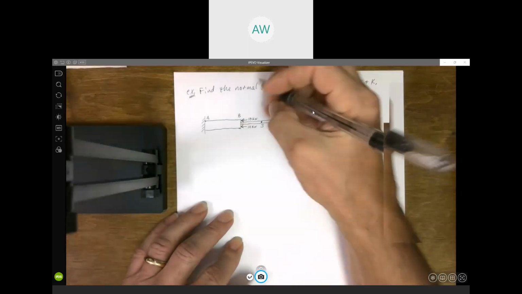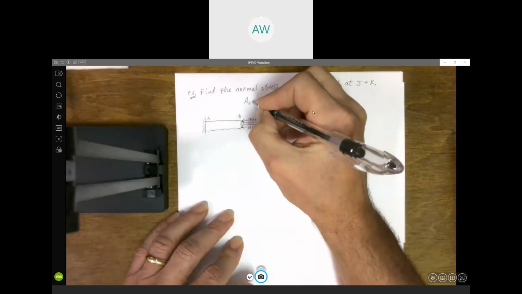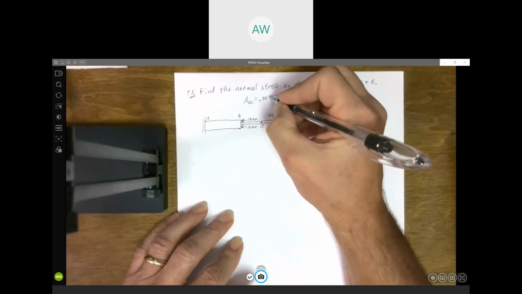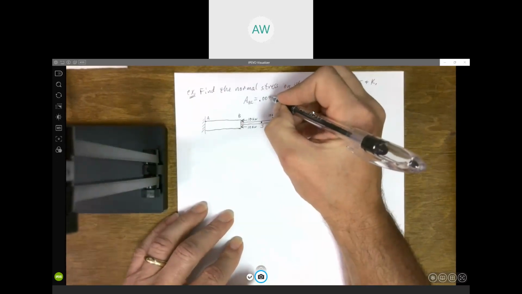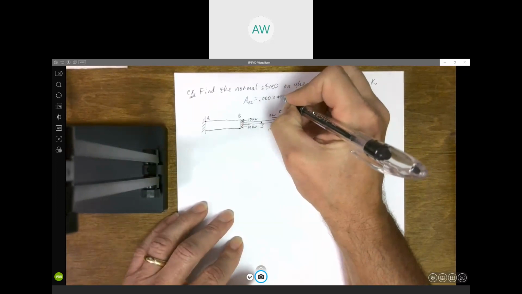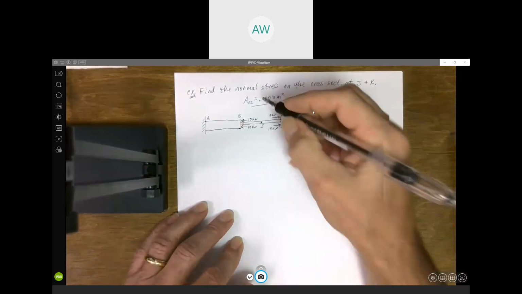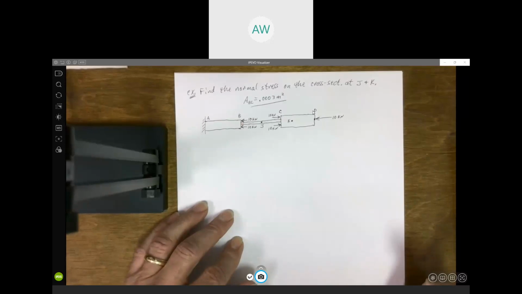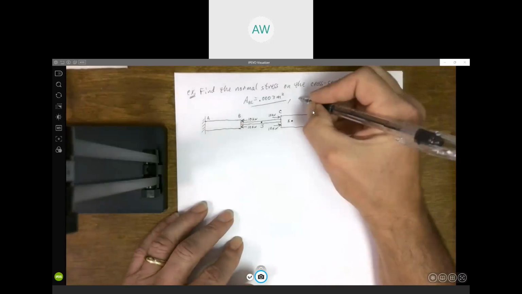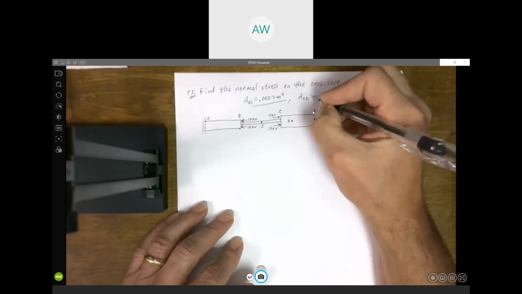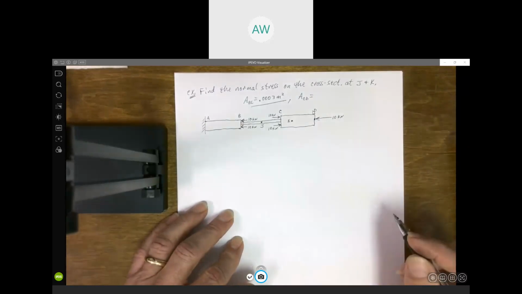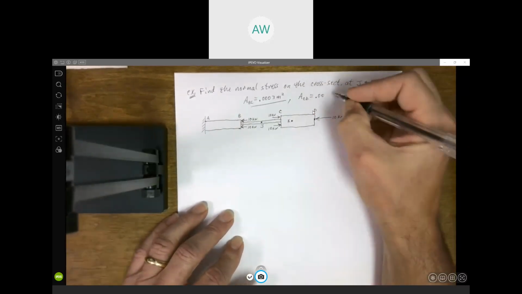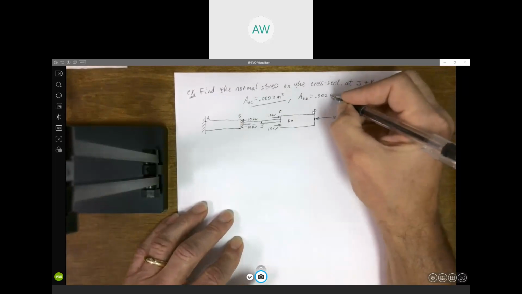And we're told that the area of section BC is 0.000, I think, 3 zeros meters squared. So the cross-sectional area for the section between B and C is given. The cross-sectional area for CD, that piece of the bar, is 0.002 meters squared.